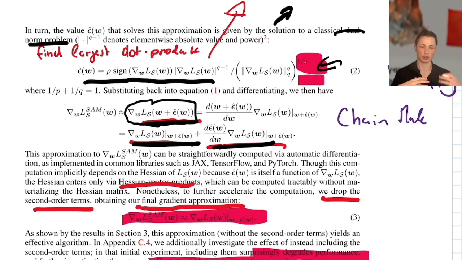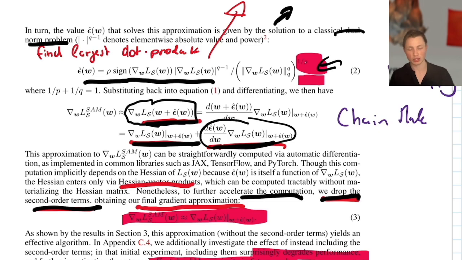Why do I say it in this way? Because they're saying here we drop the second order terms, obtaining our final gradient approximation, because they want to accelerate the computation. Otherwise we have to calculate the second order derivative, and this becomes more computationally costly, and they try to avoid this.